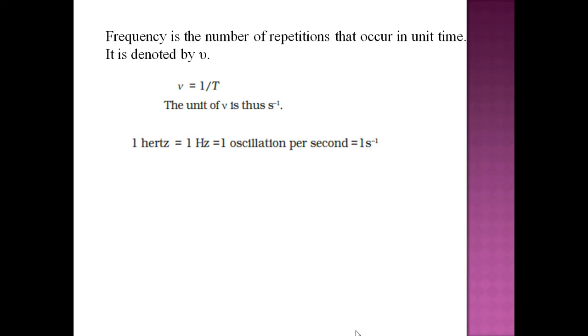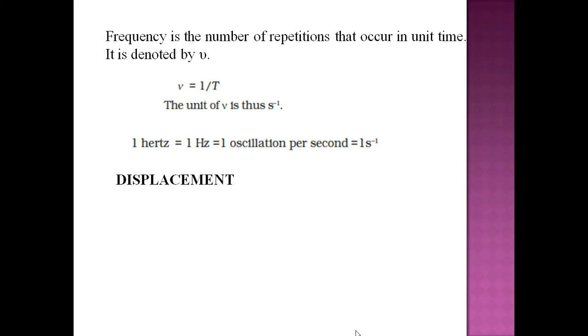S stands for second, so 1 by time will be 1 by second, represented by s to the power minus 1. Hertz is also another unit of frequency. In fact, Hertz is the SI unit of frequency, and 1 Hertz is 1 oscillation per second, otherwise represented as 1 s to the power minus 1.